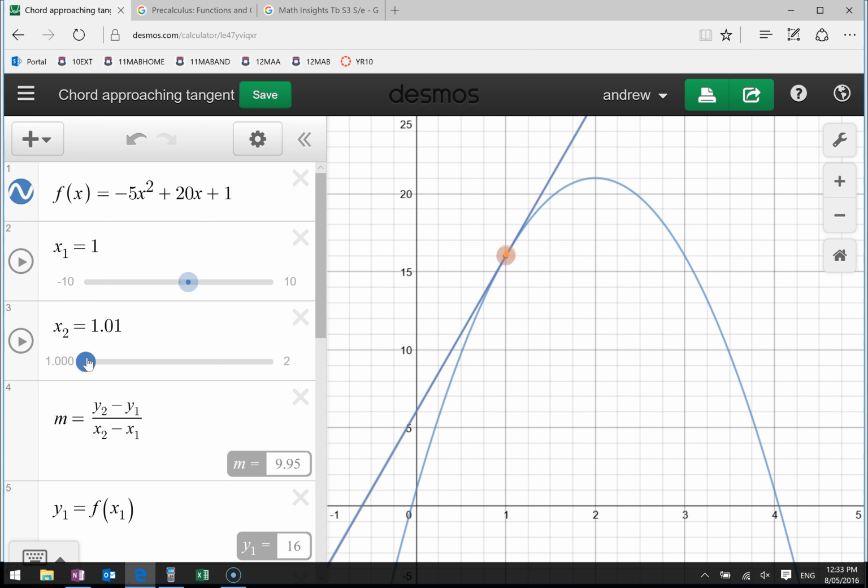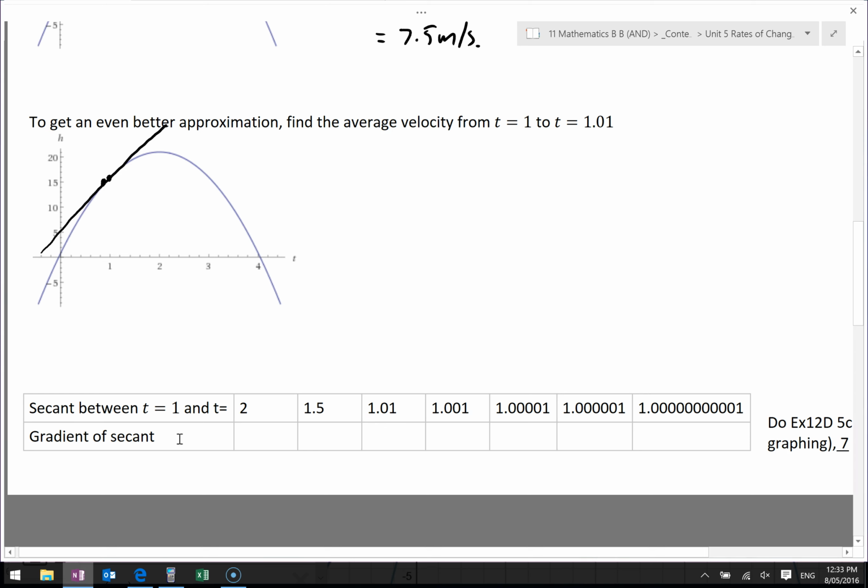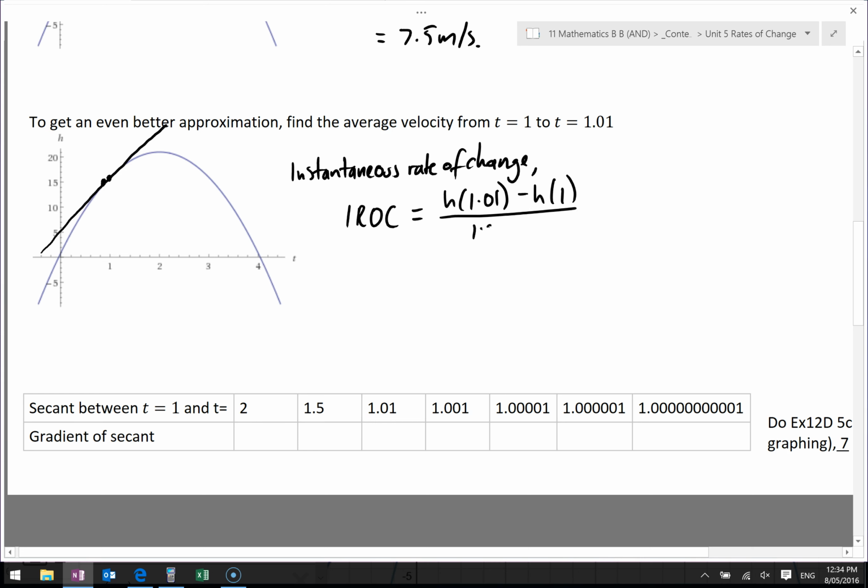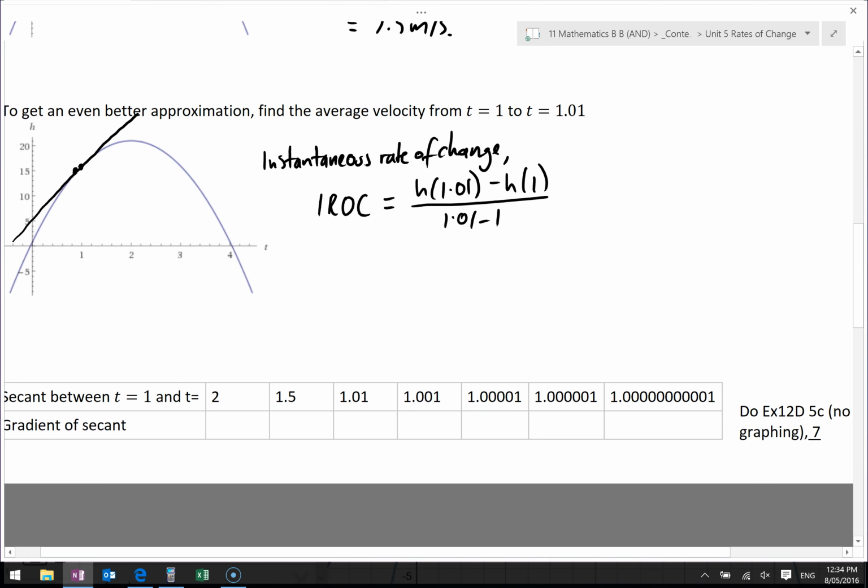Okay, so you should be able to calculate the slope of the tangent between 1 and 1.01. Hopefully we're going to get 9.95 or something like that. Okay, but it'll be exactly the same idea. So the instantaneous rate of change, which we'll abbreviate to IROC, hilarious, will be h of 1.01 minus h of 1 on the difference between those two t coordinates.